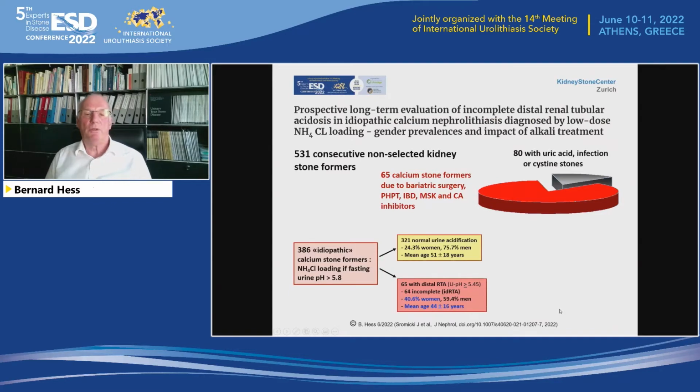Now, what I'm going to talk to you about now is all about our study that we have published, because it's probably the largest cohort that ever has been screened for this disease.